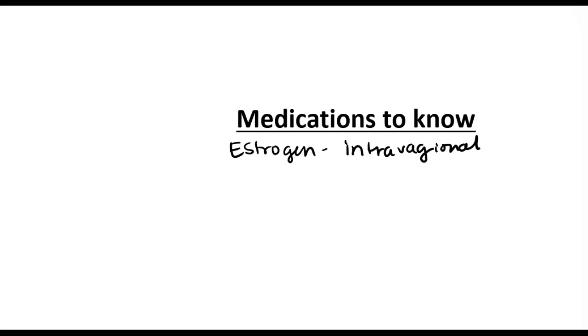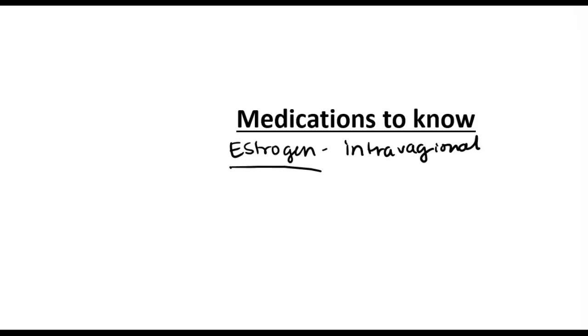It can cause increased dryness, and it definitely can affect urination as a result. So intravaginal estrogen cream can be used. Duloxetine and Sudafed, sometimes those are used for urinary incontinence as well.